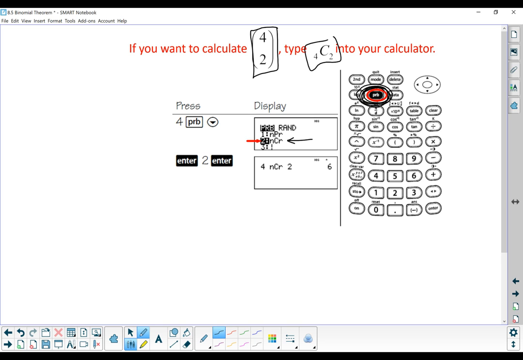You'll probably enter that 4 first, then get that nCr notation on your screen, and then enter the 2 and hit enter. If you hit nCr first, you'll have to arrow over so that you can put in that first number. So it's a good idea to remember to type that leading number first.